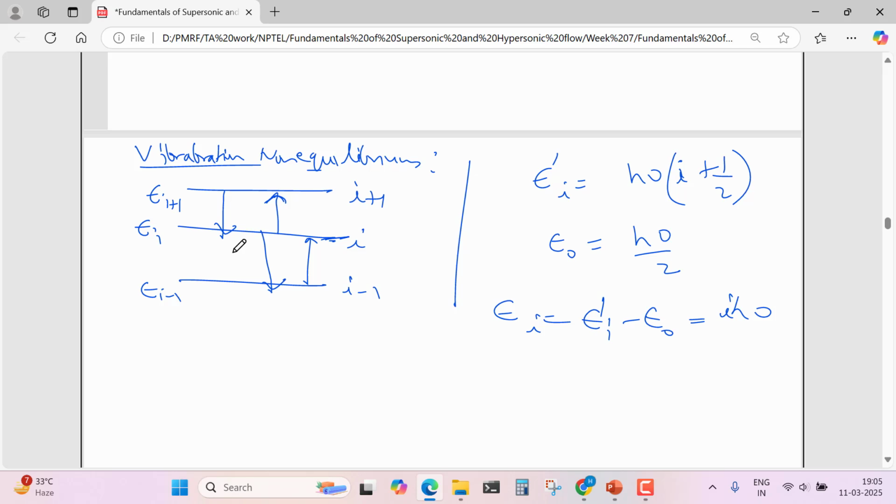Only some collisions will be responsible for the transition of one particle from one energy level to another energy level. And this probability of a collision which will be responsible is given by P, and it is called the transition probability.